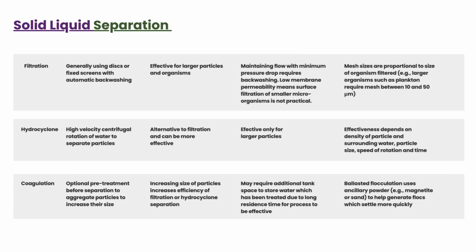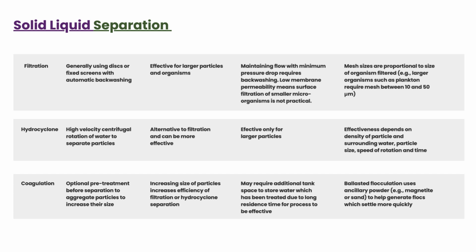For solid liquid separation, basically three methods are used. Number one is filtration. It is generally using disc or fixed screen with automatic backwashing. This is effective for large particles and organisms. It maintains flow with minimum pressure drop, but requires backwash. Whenever filters are there, the filters are getting choked with a lot of mud.